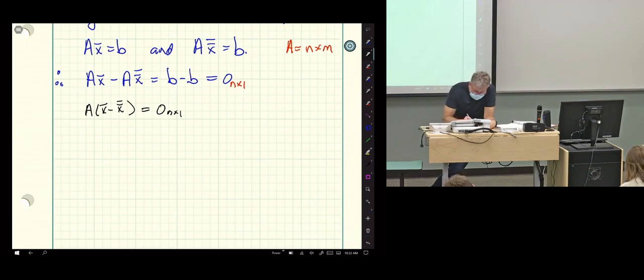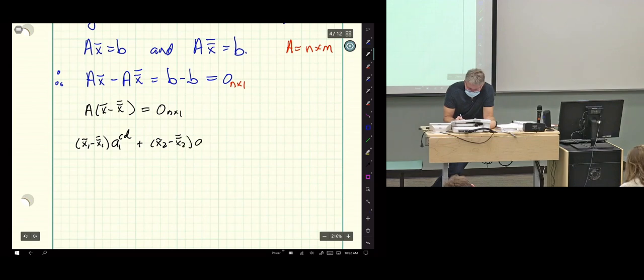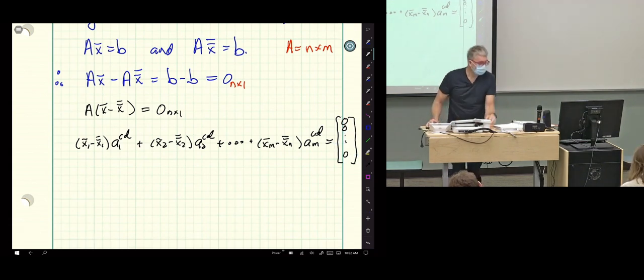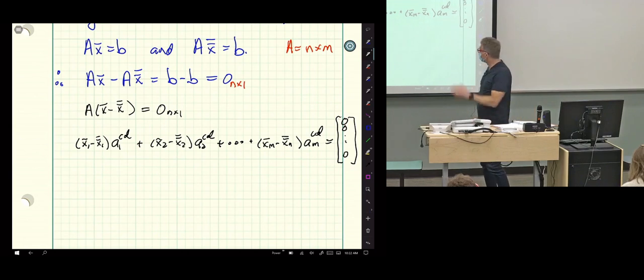But that simply means (x bar 1 minus x double bar 1) times a1 column, plus (x bar 2 minus x double bar 2) times a2 column, dot, dot, dot, plus (x m bar minus x m double bar) times a m column gives me the 0 vector in R^n. I just keep emphasizing that this is not the scalar 0 in the reals. It's the 0 vector.